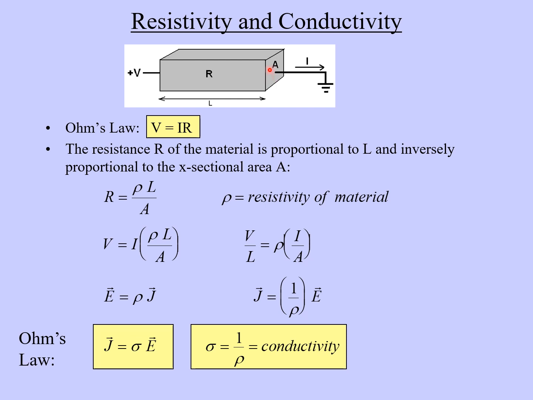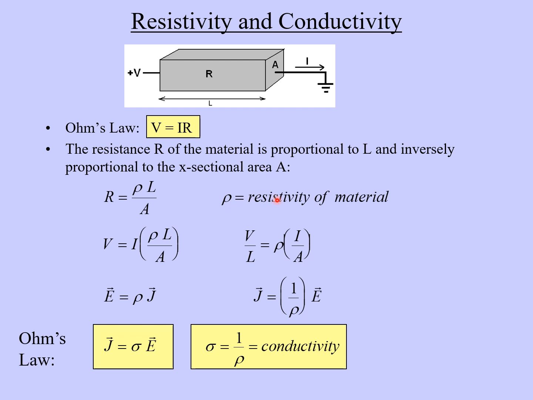Conversely, the cross-sectional area allows more current paths to go through. So the larger the cross-sectional area is, the lower the resistance is. So resistance has L on top, the length of the resistor material, and cross-sectional area A on the bottom.